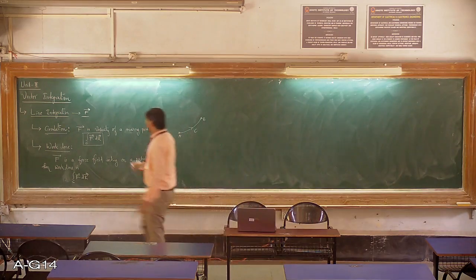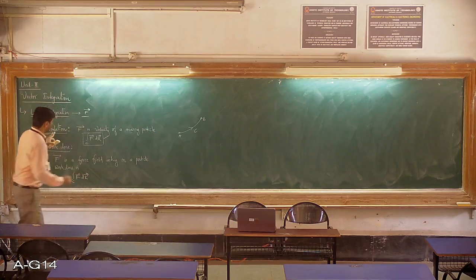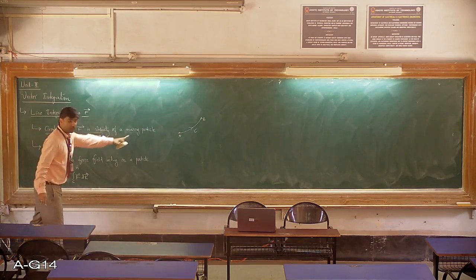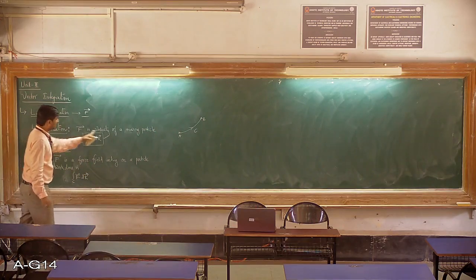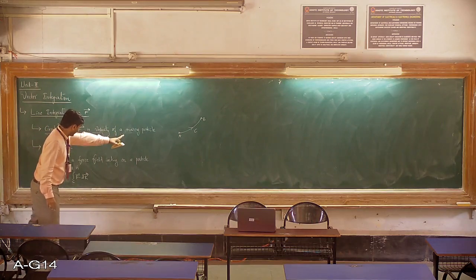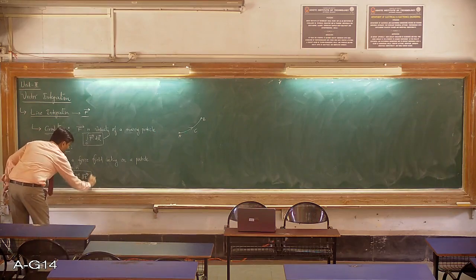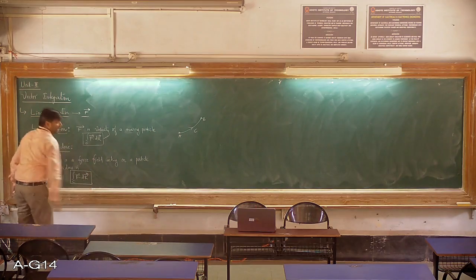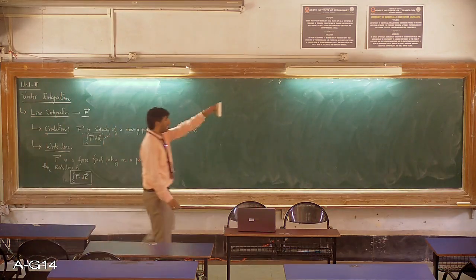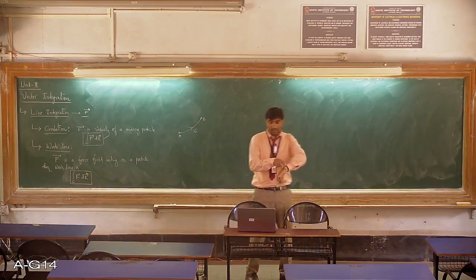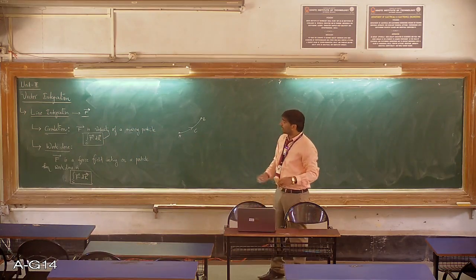So here, if F is a velocity vector field, it is circulation, and if F is a force field, then this is the work done by that particular force. Like this, we can explain line integration.